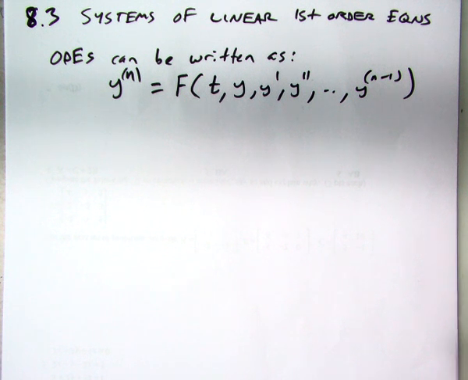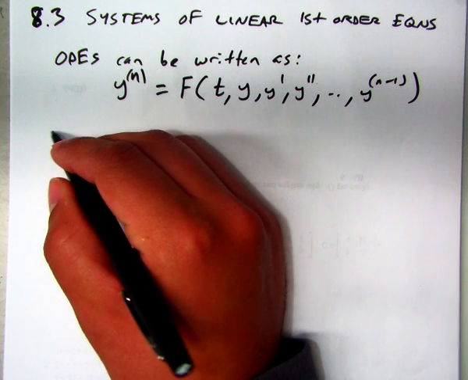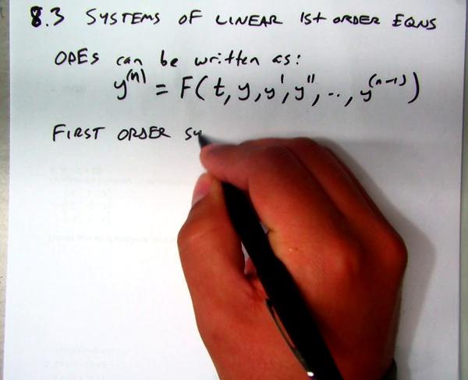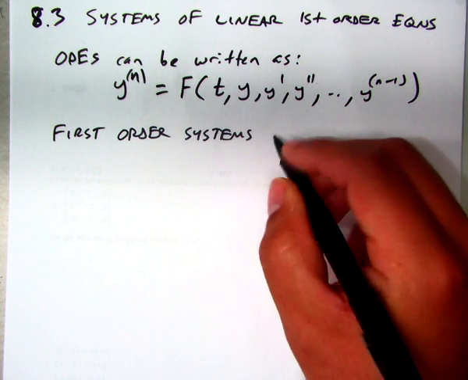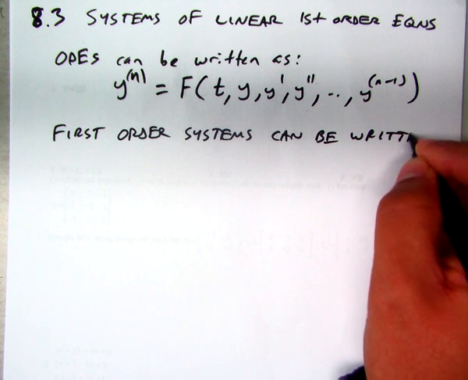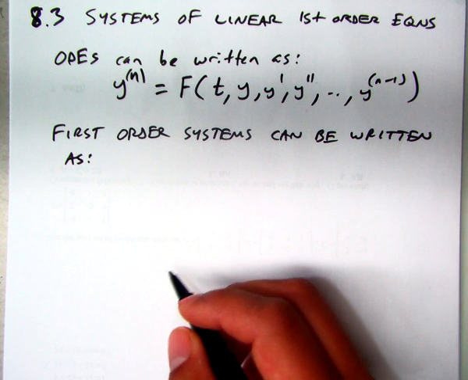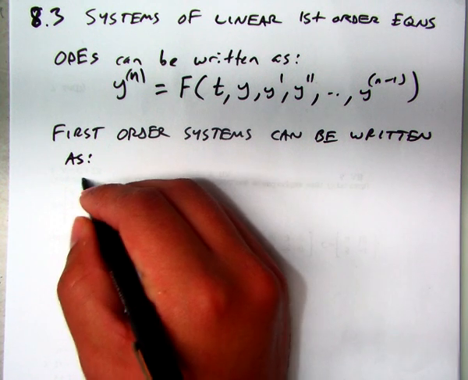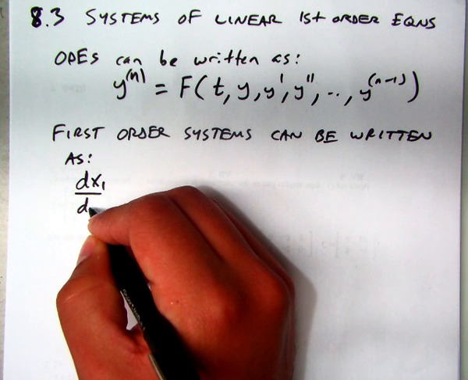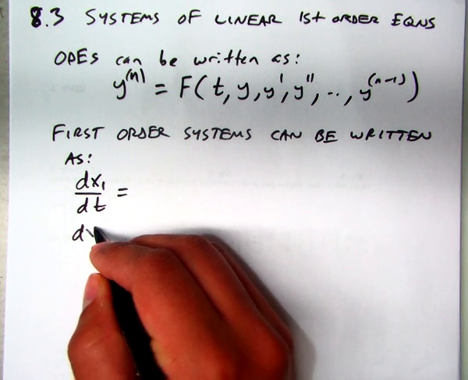So kind of along those lines, we're going to go with the fact that first order systems can be written in a pretty similar form, where we have one equation where one of the derivatives of the dependent variable is isolated, and we do that for every dependent variable.